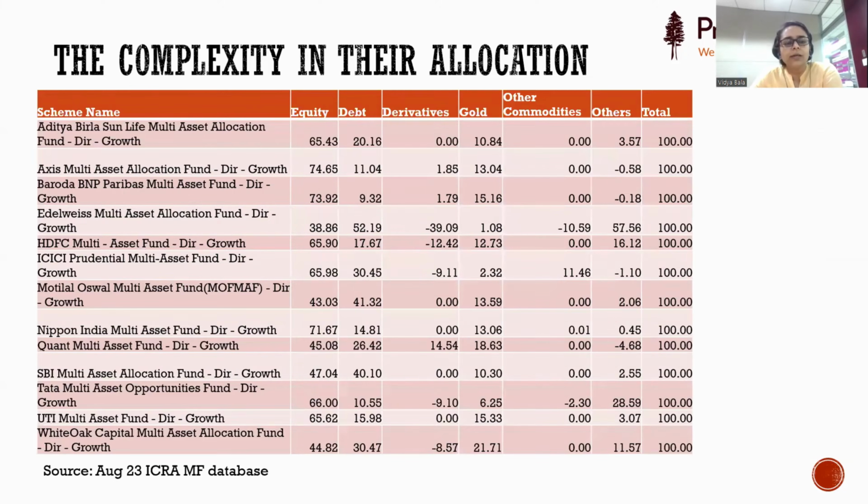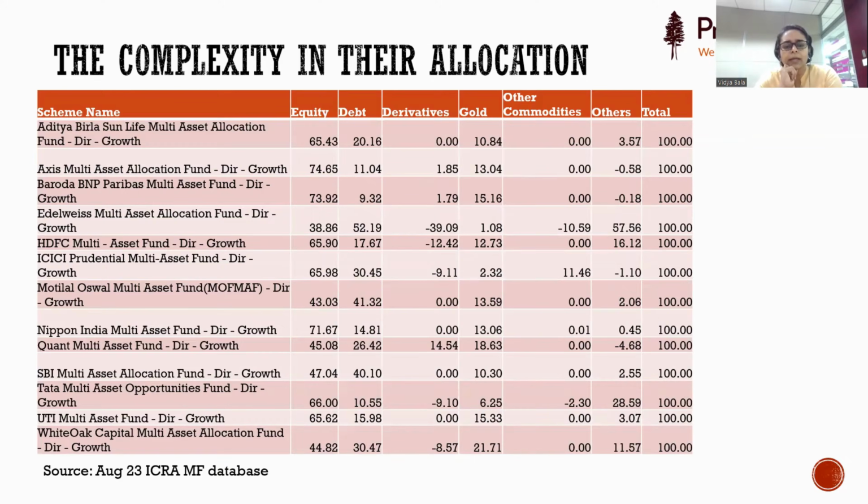I have some data here just to give you an idea about the wide range of allocation that funds practice in this category. You can see that some of the funds have as low as 43% or 44% in equity, others have as high as 75% in equity on a gross level.